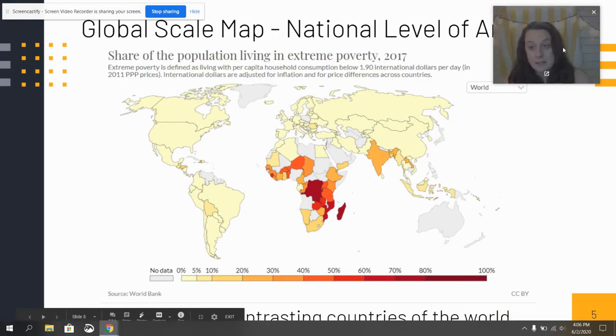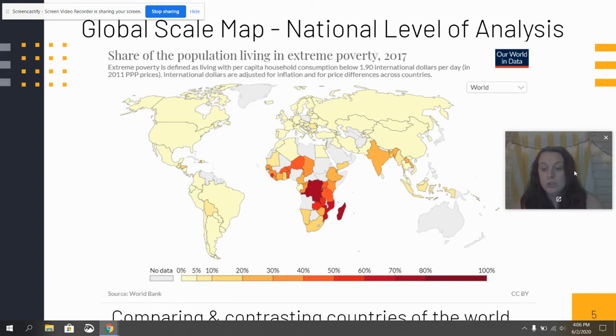So let me give you some examples of this. This map is a global scale. I can see every single country in the world, all of the continents, except for Antarctica, which is oftentimes left out of maps. But the scale of analysis is national.